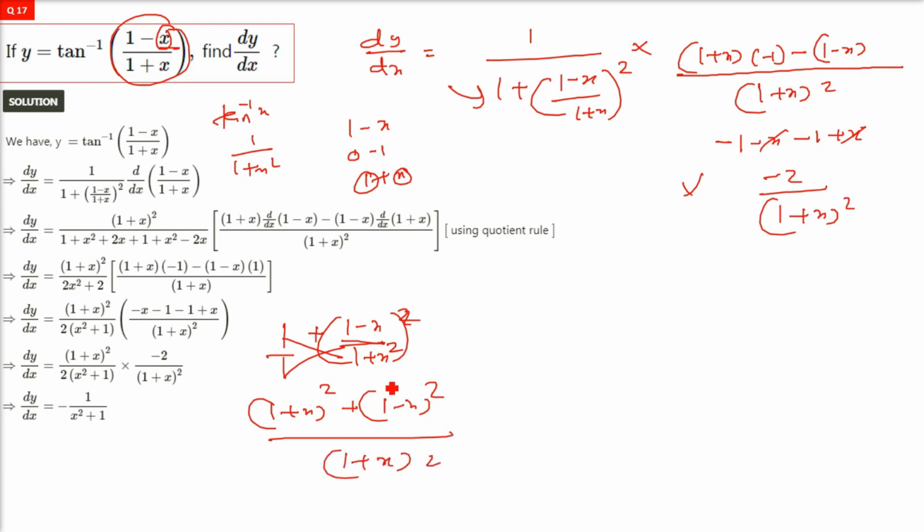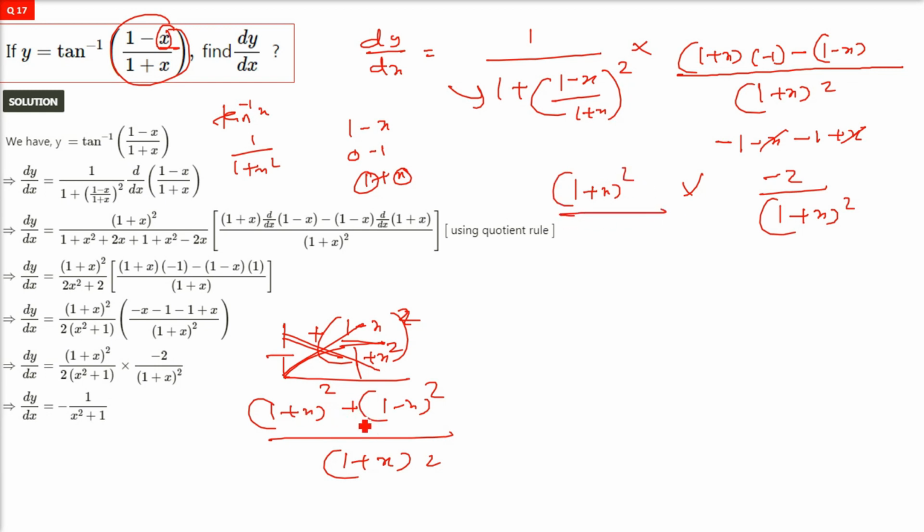Now let us do this, a square plus b square in the numerator. (1 plus x) whole square is in the denominator because I have taken the denominator only, so (1 plus x) whole square will go up.